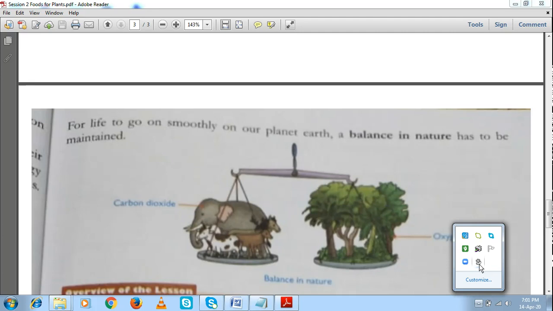Then only this balance would remain perfect. So, we should not follow the process of deforestation and should encourage more and more afforestation. You can also try this by planting a small tree on your birthday, and you should encourage your friends regarding this.